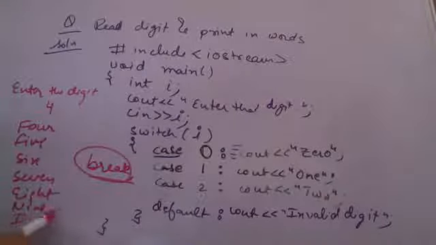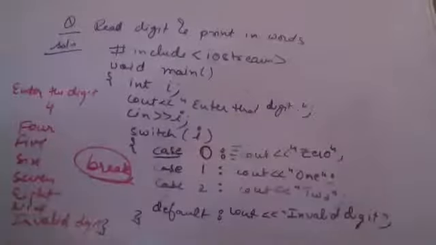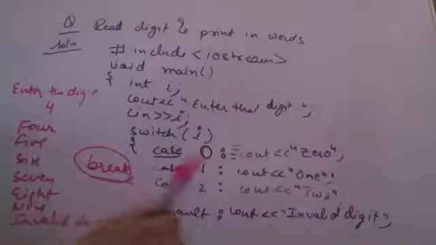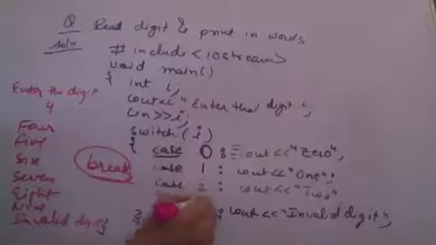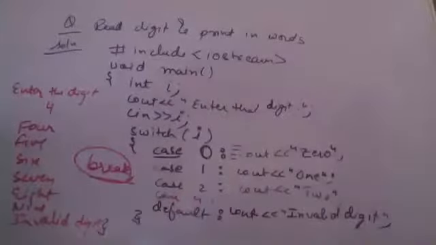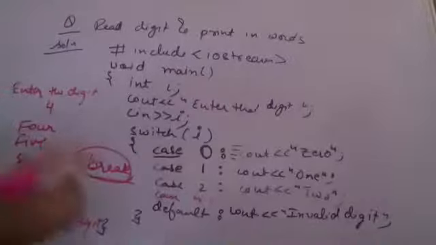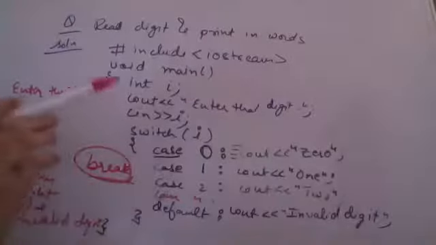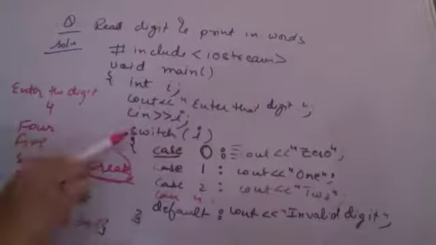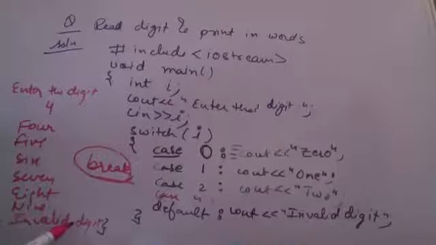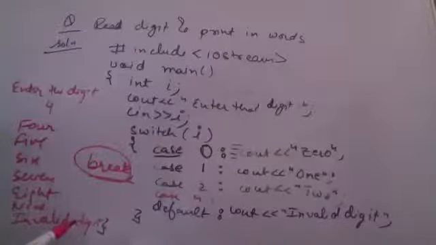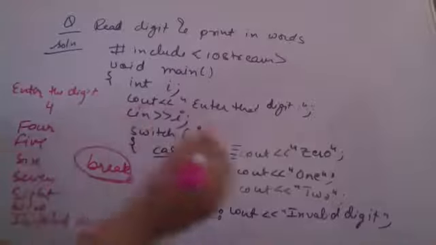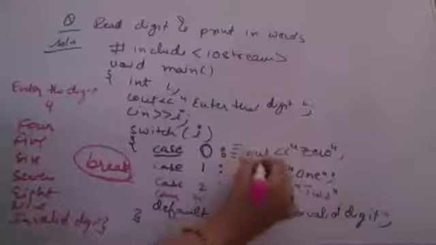The fourth case is where case 4 is, and then you will have cout 4. Whenever a case matches, all the statements after the matched case within the switch will be executed until we encounter a break statement. That is why it is very important to mention break.